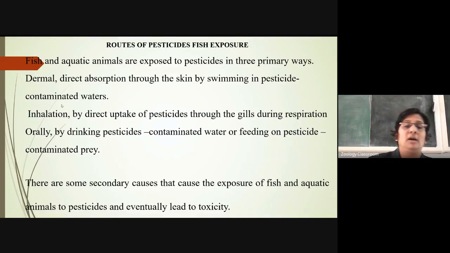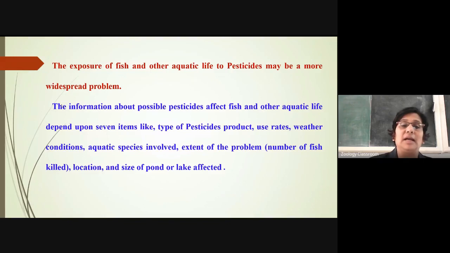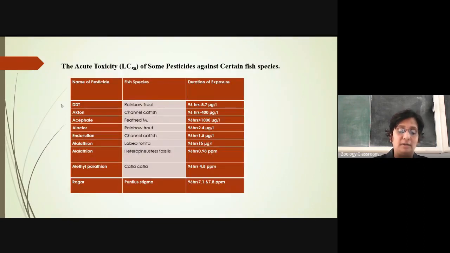So that particular table shows the acute toxicity of some pesticides to fish, and there are different fish species in it: rainbow trout, catfish, channel catfish, Labeo rohita, catla.